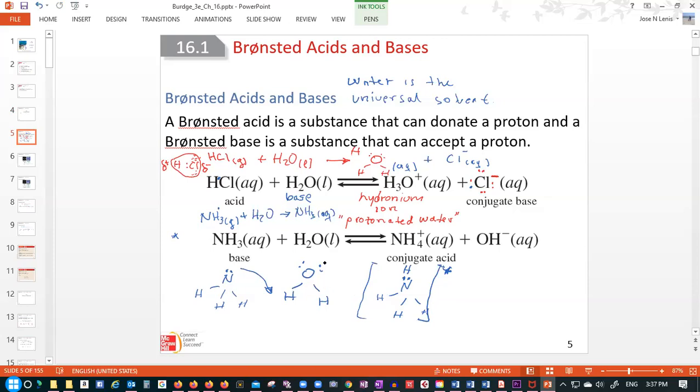And what is left from this water molecule? This species keeps this pair of electrons forming the hydroxide ion as a negative charge because it's keeping this pair of electrons. And ammonia gains that proton, gaining a positive charge. And this is what we call ammonium.